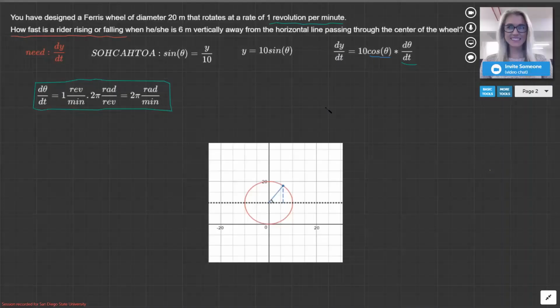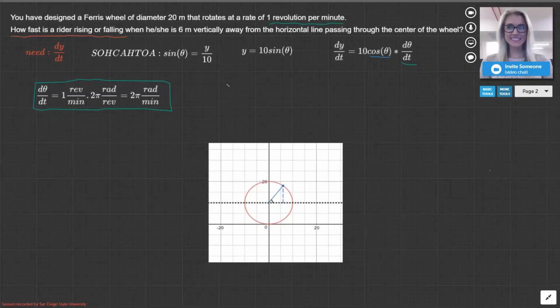Okay, so the next step would be to solve for d theta over dt. So this was kind of given to us. You just had to realize it in a way. If you think about it, d theta over dt is the change in how the rider is going around the wheel.